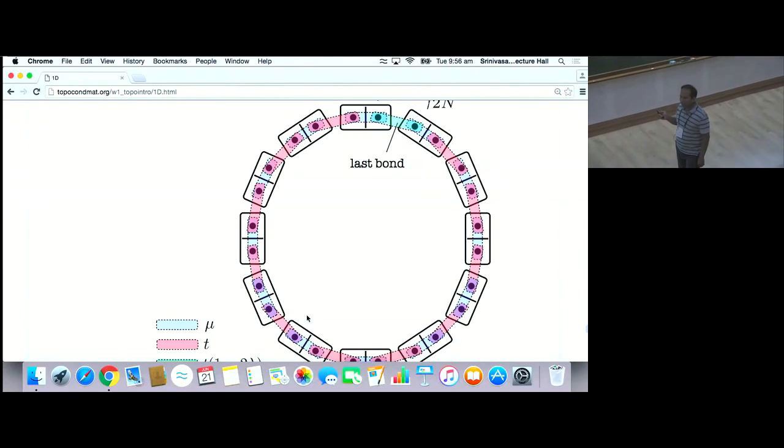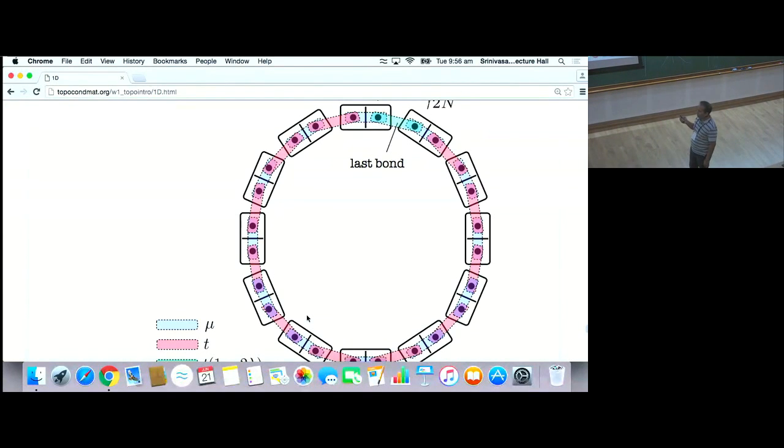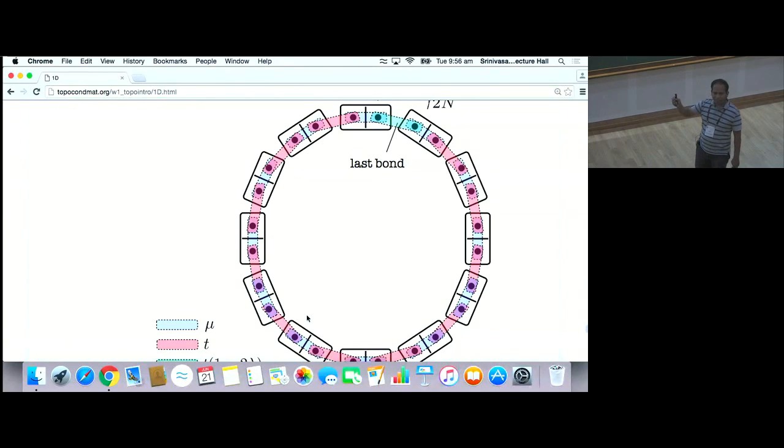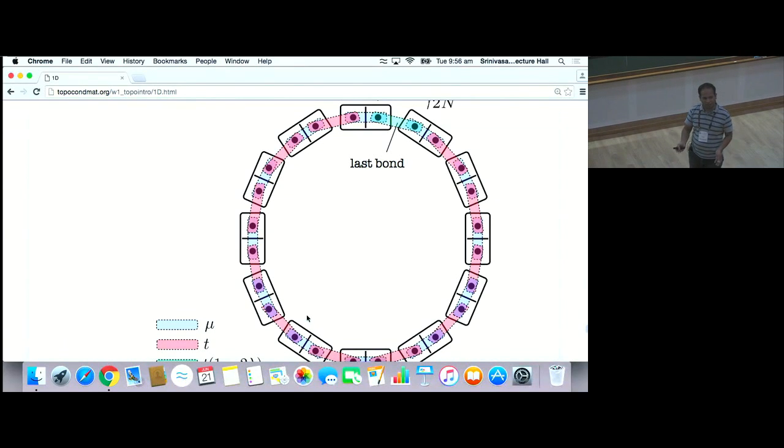But we want to understand whether we have zero modes when we have open boundary conditions. The way to interpolate is we have this last bond on our ring, shown in green. When this last bond is fully closed, we have periodic boundary conditions. When I set this to 0, then I have open boundary conditions.